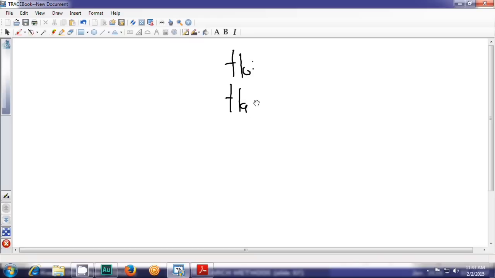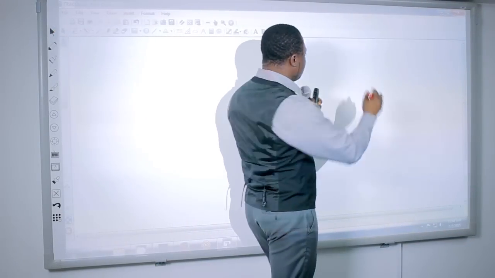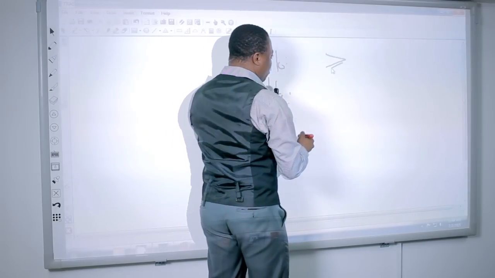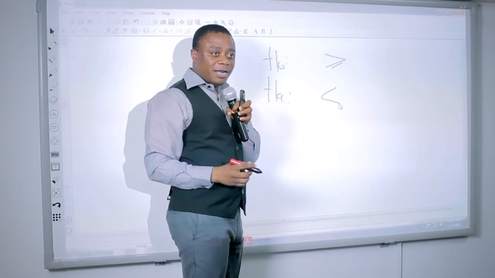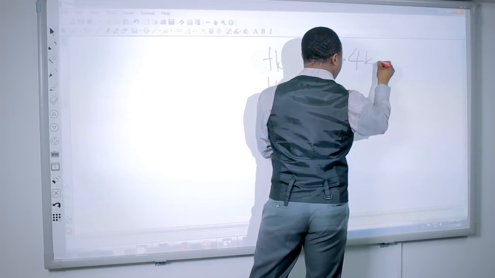I've told you, don't go with an intention of writing it like this. The moment you start writing it H naught, you are likely to make a mistake. So you don't do it this way. Rather, this is what you do. You look for the sign at least, and you were very right. At least is this sign. And the opposite of this sign, which is greater than or equal to, is less than. We're talking about 4 kilograms. So you write 4 kilograms there.